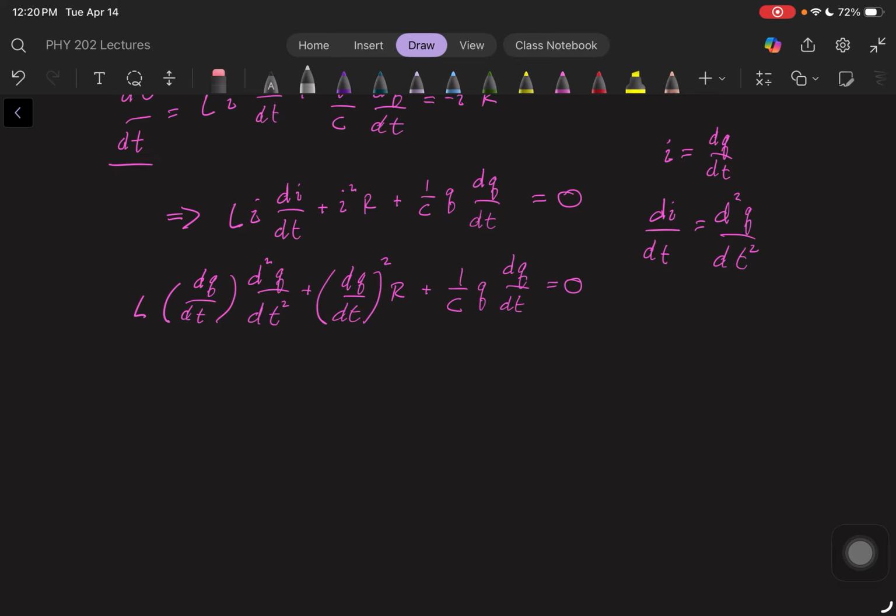And we can go through and cancel out a dq/dt, a dq/dt, get all those out of there. And we have L times d squared q/dt squared, the second derivative of charge with respect to time, plus the first derivative of charge with respect to time. Actually, we're going to scooch that over just a bit and put the R in front, and then plus 1 over C times q is equal to 0.